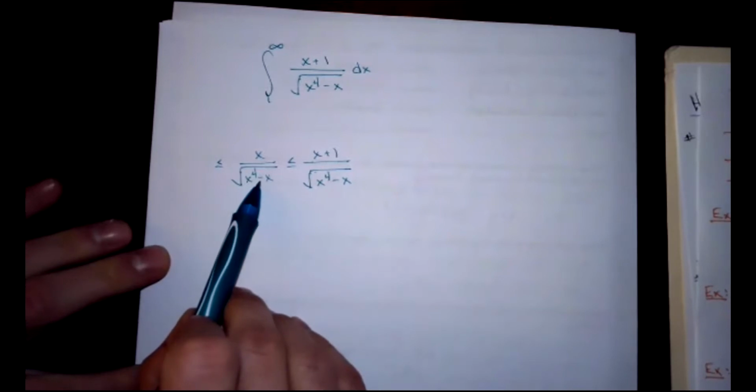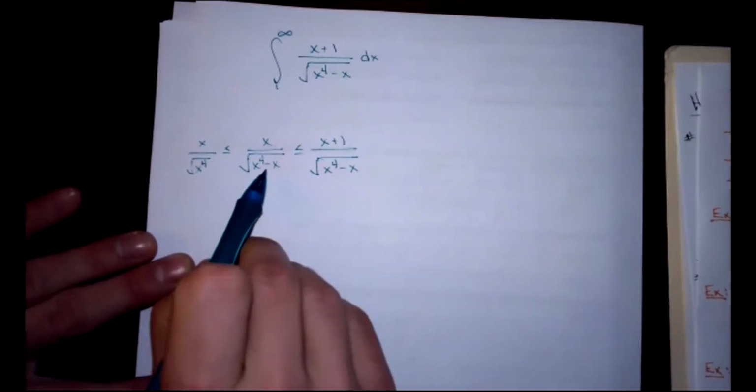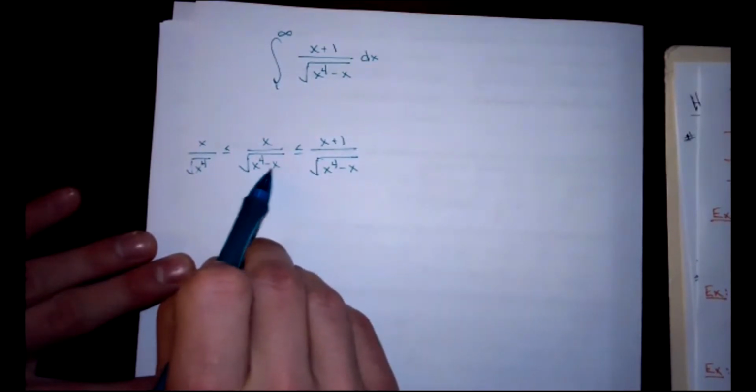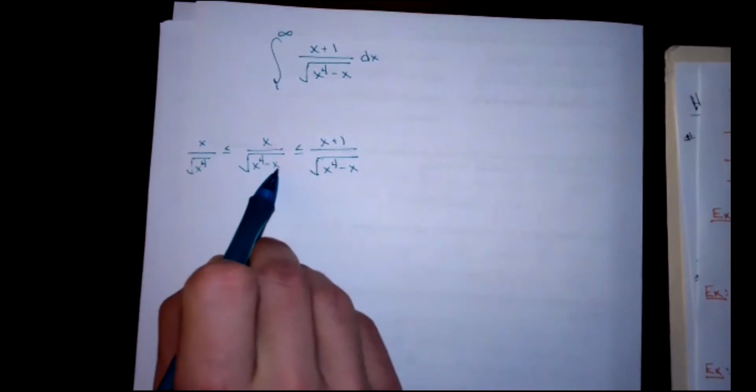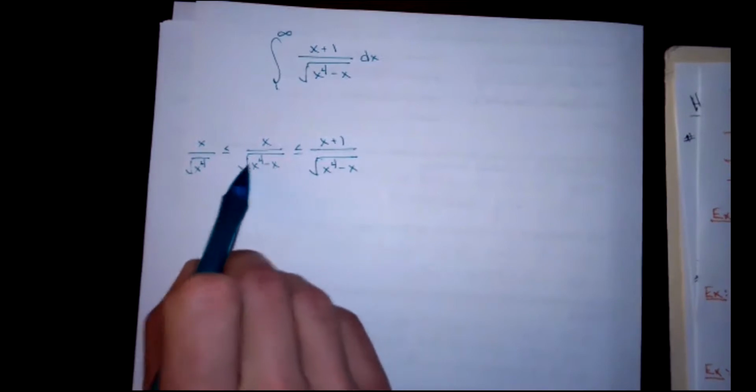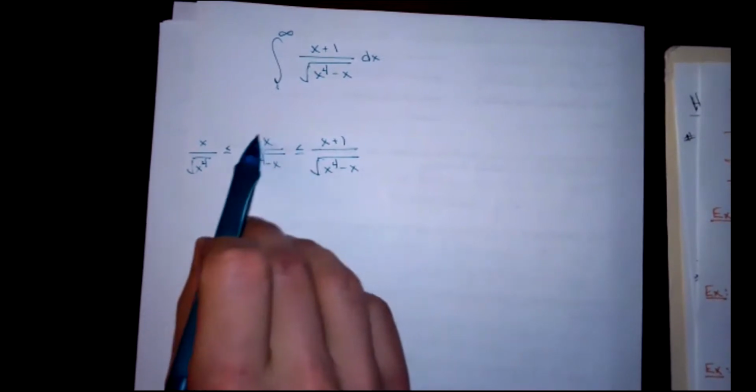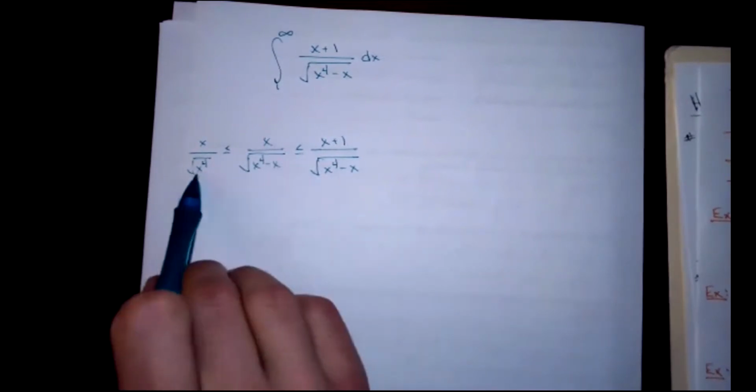So here, if we wanted to get rid of this minus x, I would have just an x to the fourth. And since this minus x is making the denominator smaller, a smaller denominator here means that this whole expression is bigger than this guy.